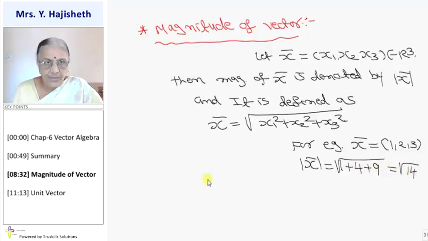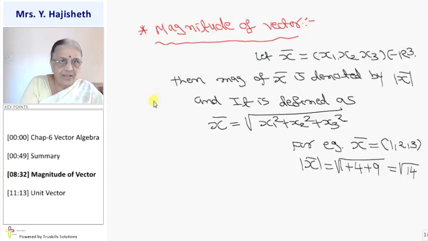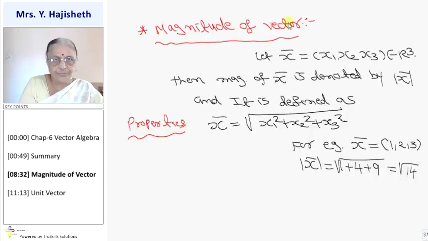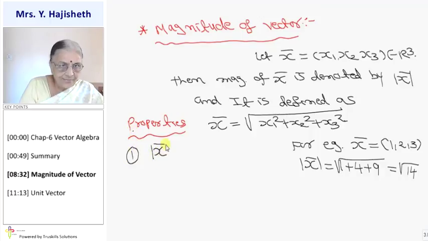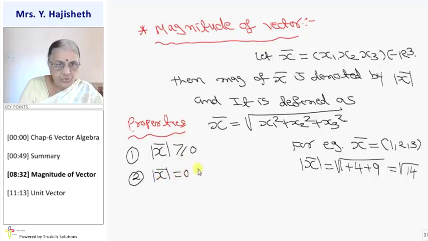Now when we learn any definition, we have to learn its properties also. What are the properties of magnitude? Number 1, mod x is always greater than or equal to 0. Second property, mod x is 0, magnitude is 0, if and only if that vector is the null vector.